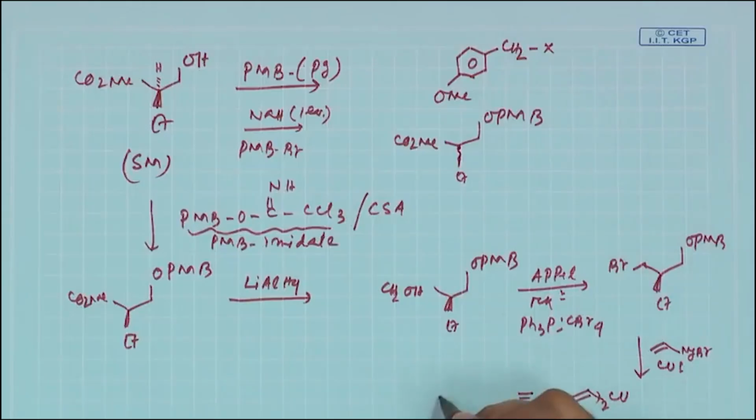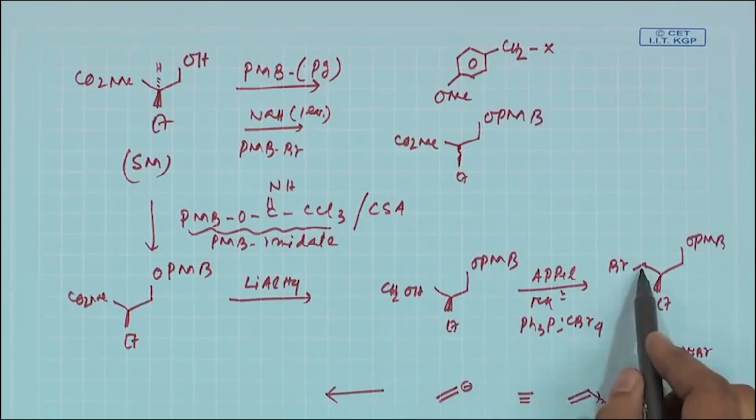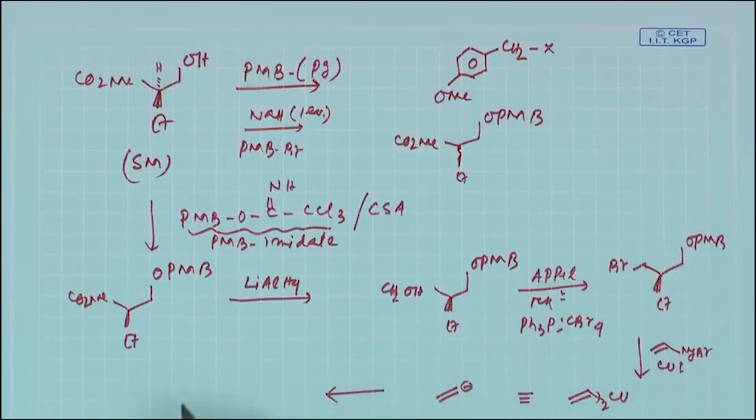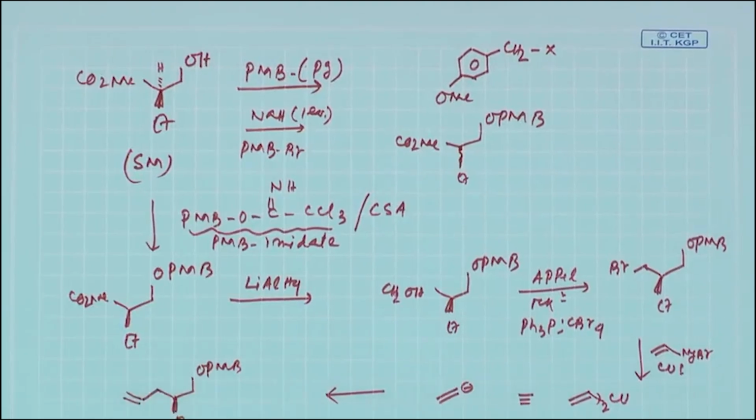Now, this vinyl copper reagent basically serves as a vinyl anion, and you react this vinyl anion with this electrophile in normal SN2 fashion. So, then what you will get is, your ethyl part will remain the same, you have this OPMB, then a CH2 here, and then you put this vinyl.